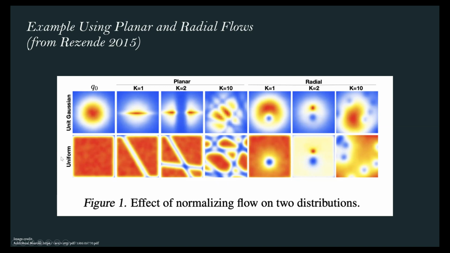And then down here with the uniform, I thought that was kind of interesting. After each flow seems to cut it a little bit, right? After one planar flow, you've got this one line. After two, you've got these two, and then after 10 of them, you've chopped the space up into this pretty complex distribution. And then there's another example with radial flows from a uniform.